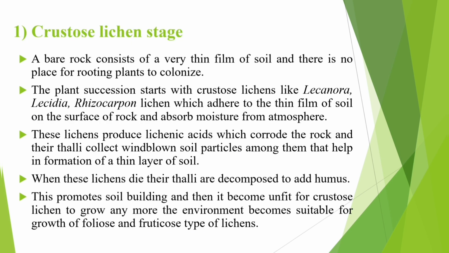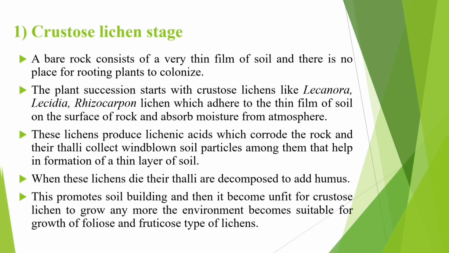At first, in the crustose lichen stage, a bare rock consists of a thin film of soil and there is no place for rooting of plants to colonize. The plant succession starts with crustose lichens like Lecanora, Lecidea, Rhizocarpon. These are the crustose lichens which primarily colonize the bare rock.